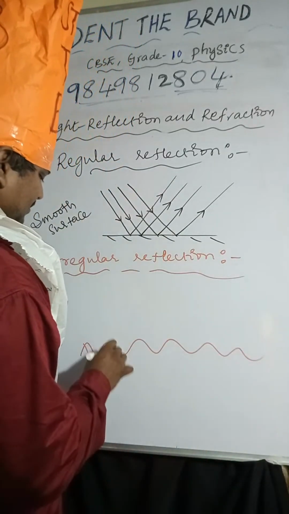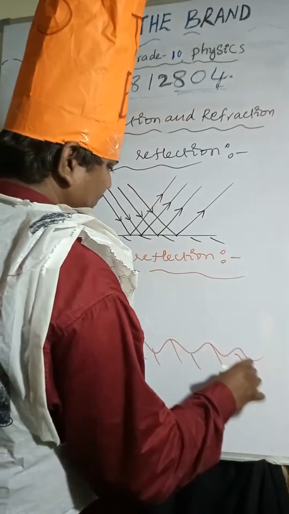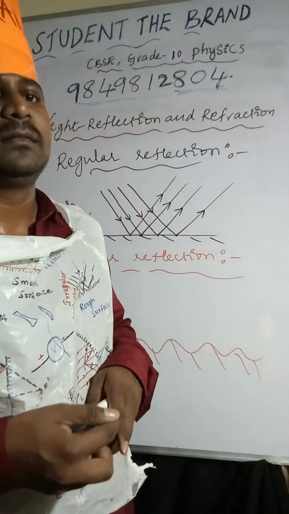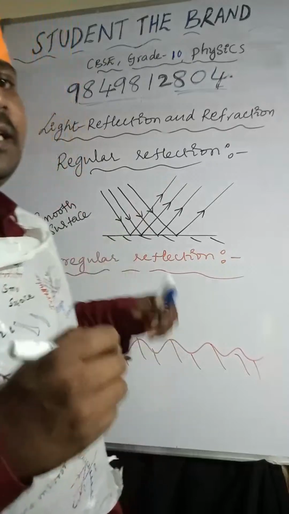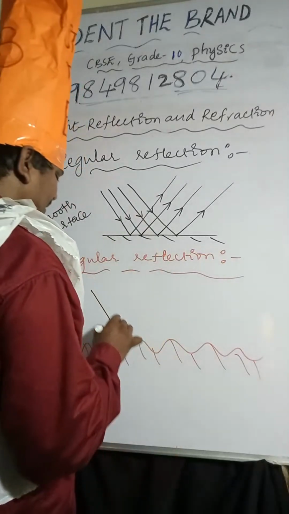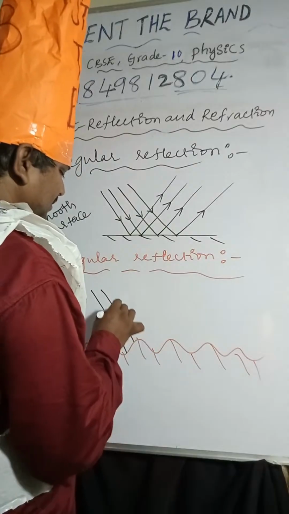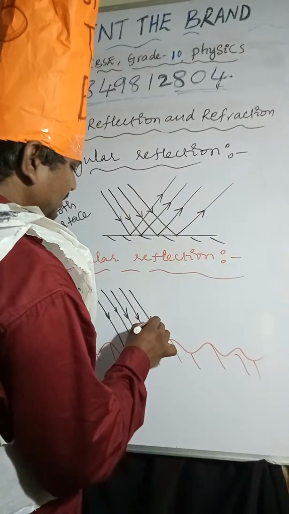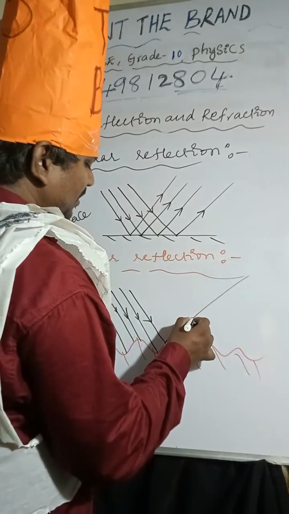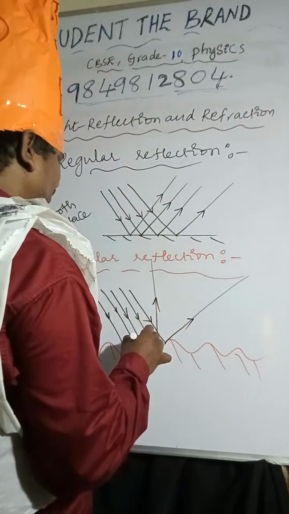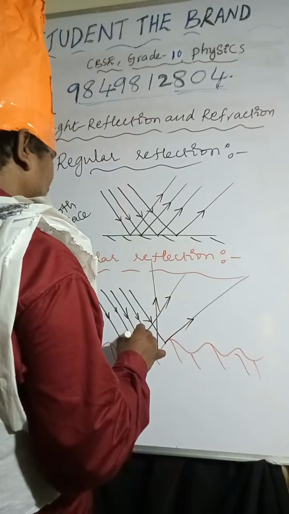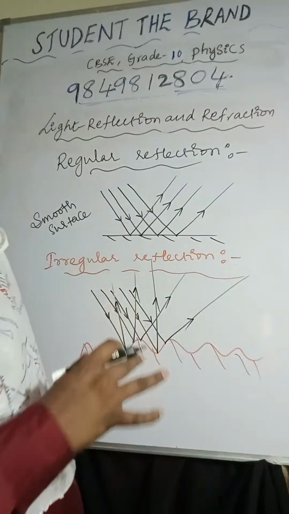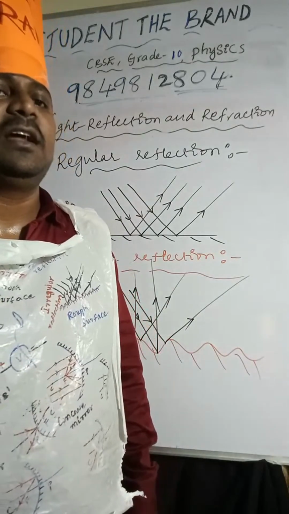The incident light rays are parallel, like this. Then the reflected light rays are not parallel to each other. They move in different directions. So incident light rays are parallel, but reflected light rays are not parallel to each other.